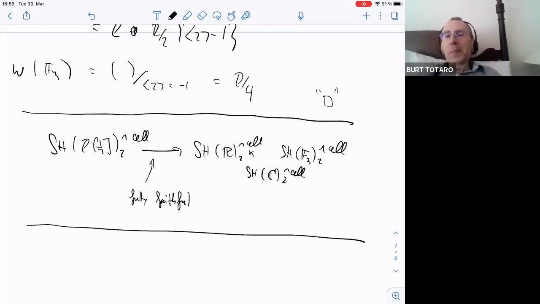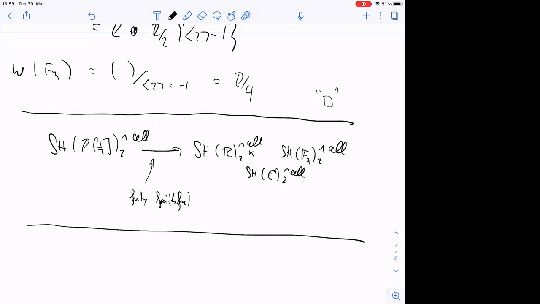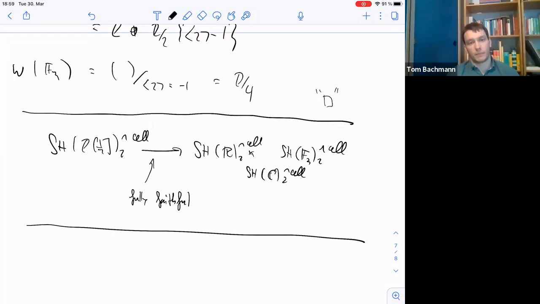Do you have comments about the completion and maybe removing it? I don't think I do. My gut feeling is that in general, this is not really reasonable in the uncompleted situation, because rigidity is not reasonable in the uncompleted situation.